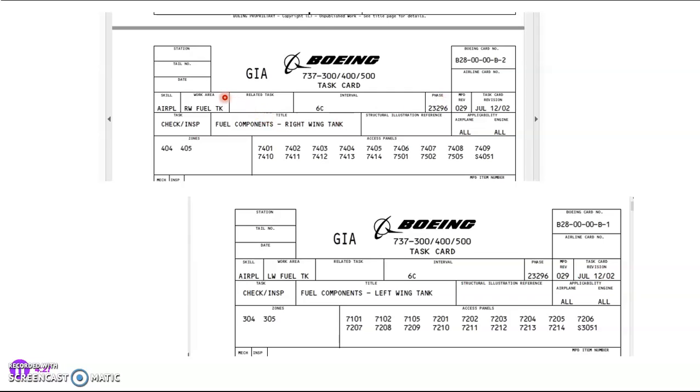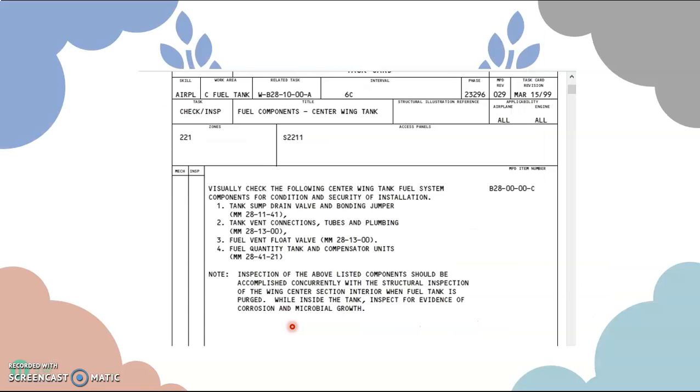Okay, let's start from the right wing tank. Work area, right wing fuel tank. The task revision is June 12, 2002. Applicability, airplane oil and engine oil. The title is Fuel Components, right wing tank. The zones is 404, 405. In the left wing tank, the zones is 304 and 305. Okay, let's move on to the next slide.